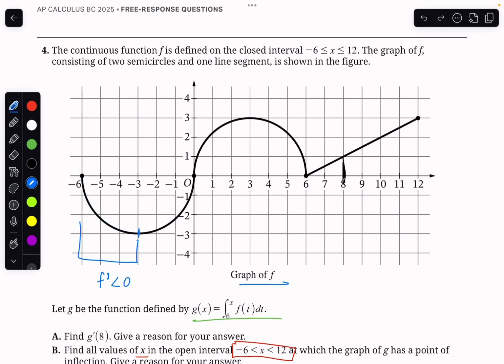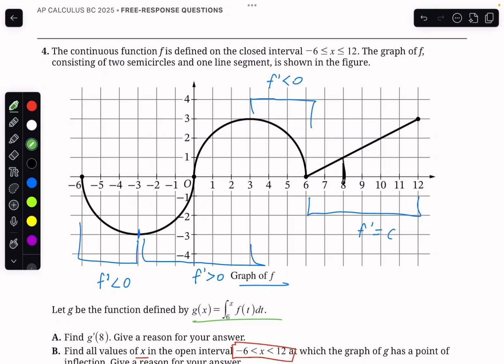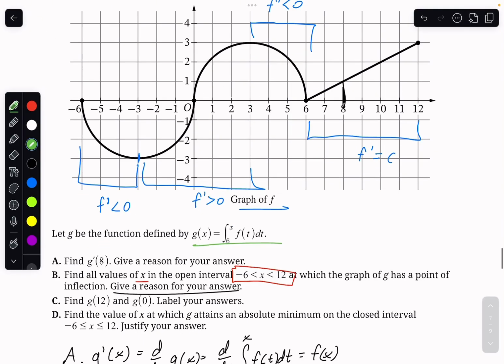Then all of a sudden at this point, onwards till about here, the function is increasing. It's going like this and this and this. f prime is greater than 0, and then f prime becomes negative here. f prime is less than 0, then f prime is just a constant, equal to c, because it's the same linear slope. Now, what can we do with this?